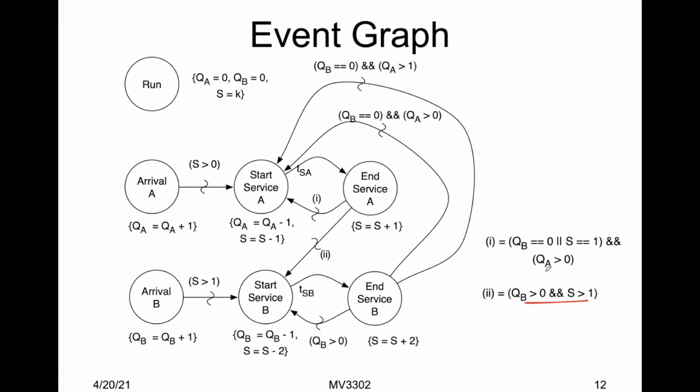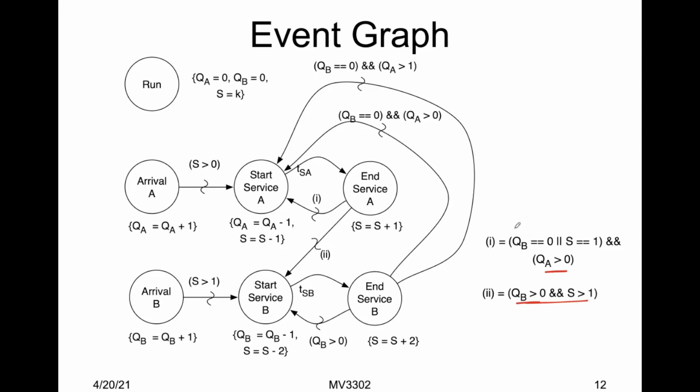Okay, first, there needs to be an available A in the queue. And it has to be the case that I can't do a B. So now here's the Boolean logic thing. In other words, it's not this condition here.